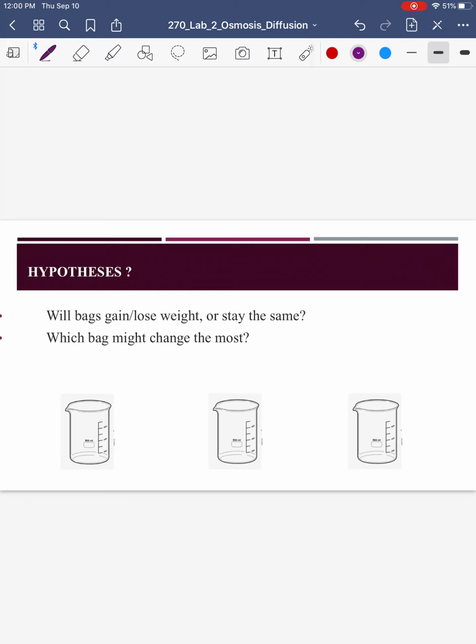In this case, we have a dialysis tubing bag, right? And that dialysis tubing bag is submerged in water. And we're going to have the same thing for all three, where we have a dialysis tubing bag, and it's going to be submerged in 100% water.